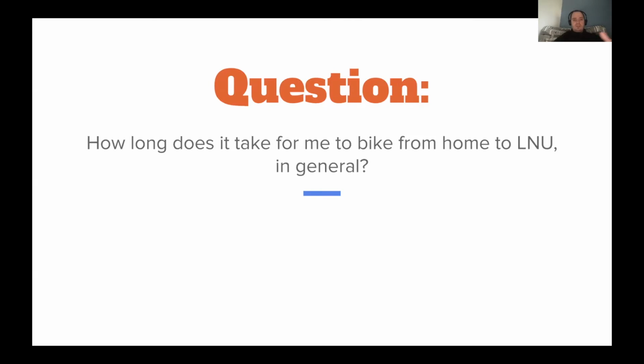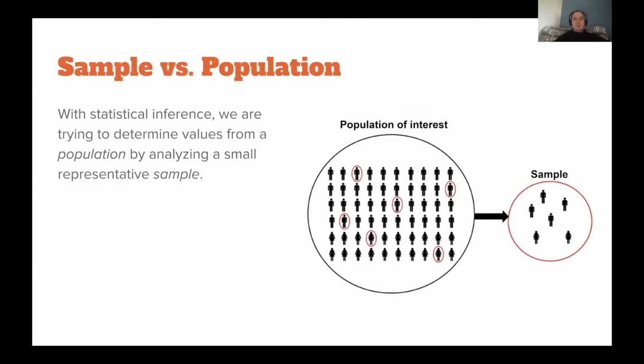And of course, this is just a very simple question. But in this case, again, we're going to come back to that duality between sample versus population, which we discussed before. Every interesting research question that is complex enough is actually a question about a population of interest, right?